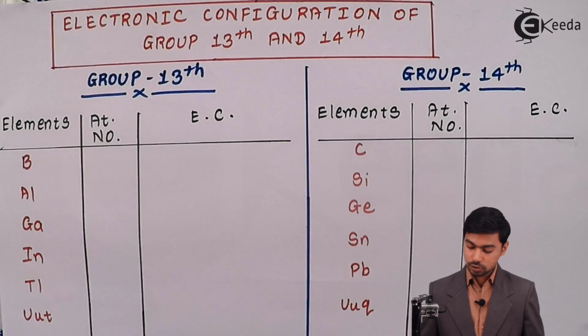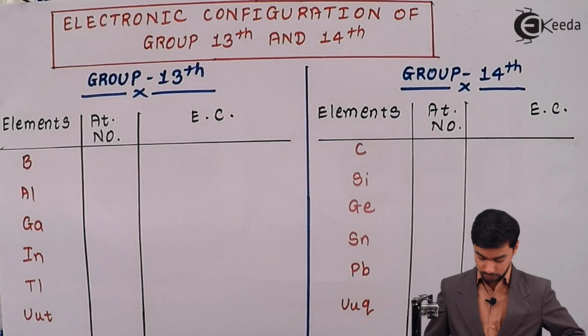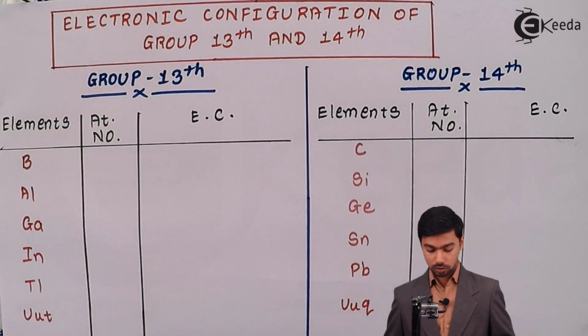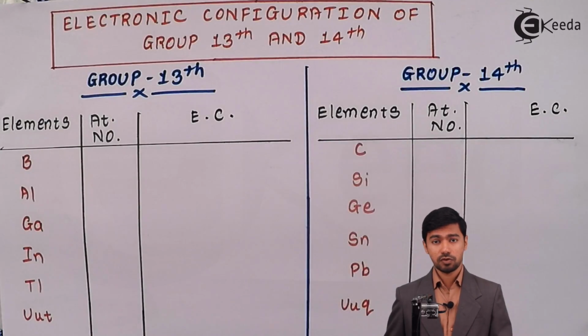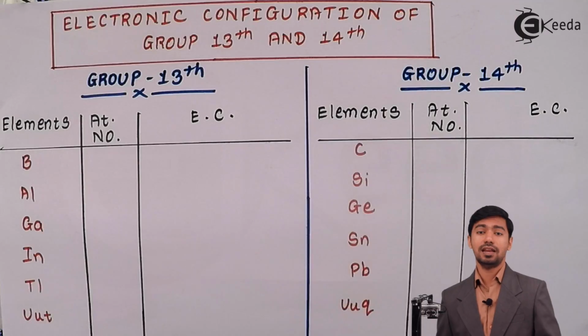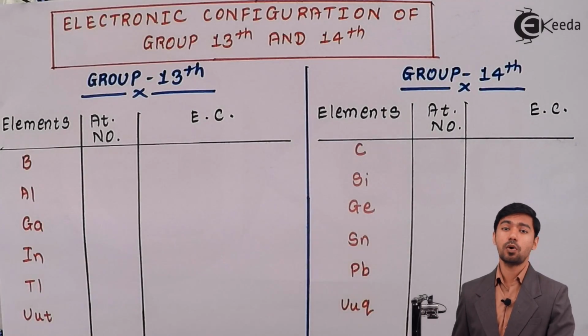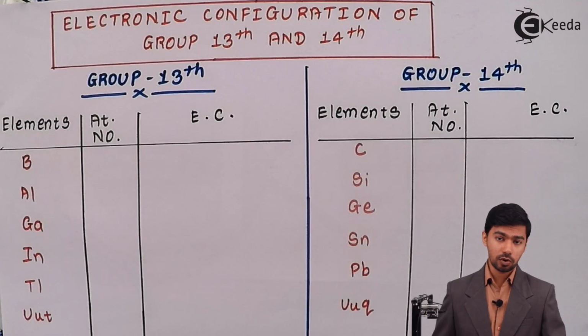So for these 12 elements, we are going to see electronic configuration in terms of p block. So before starting the electronic configuration of these 2 groups, what is the general electronic configuration that we already have discussed in s block as well as periodic table?